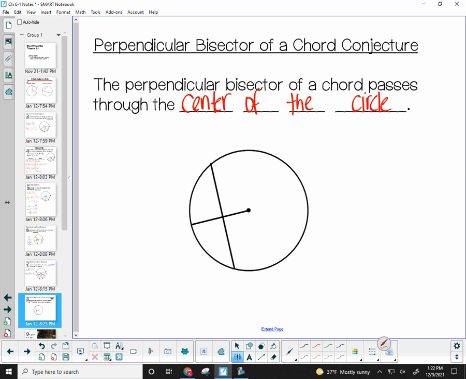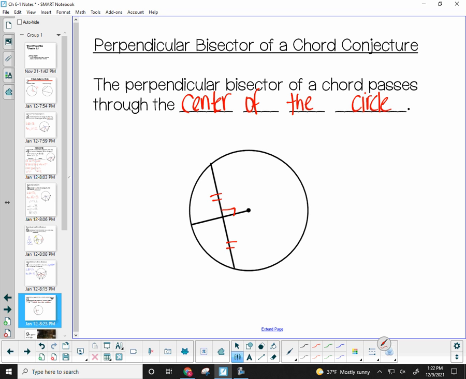So we're saying if we have a chord that's been bisected and we have a perpendicular, then it must go through the center. Okay, so we're starting with the perpendicular bisector. If you have a perpendicular bisector of a chord, that bisector has to go through the center of the circle.